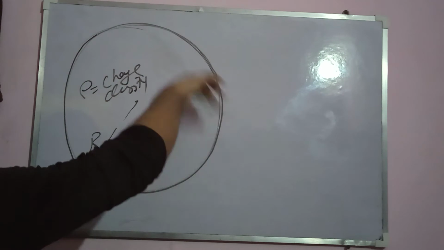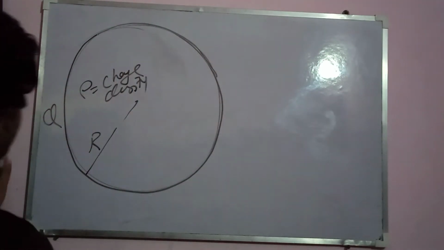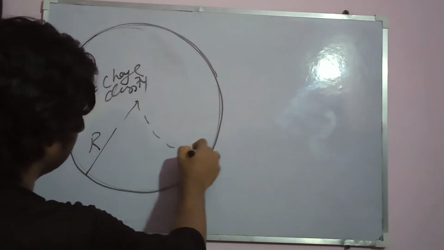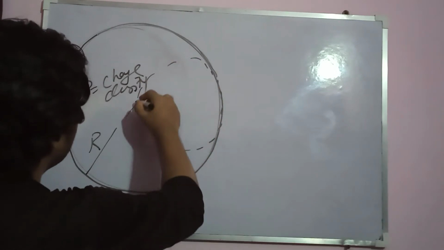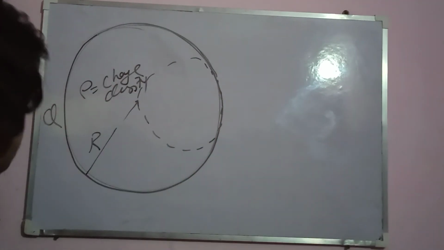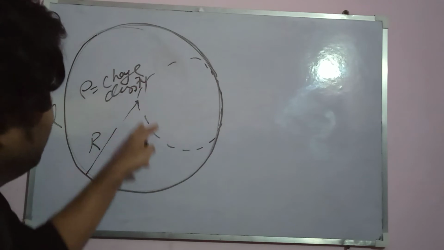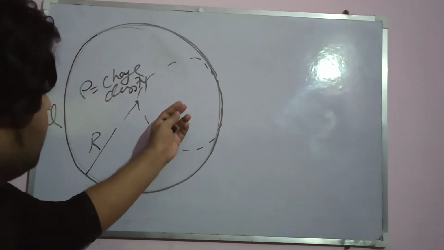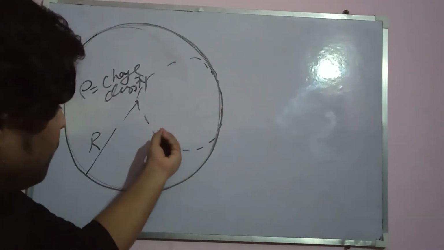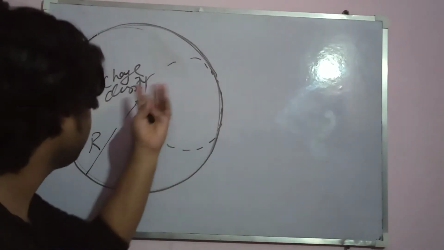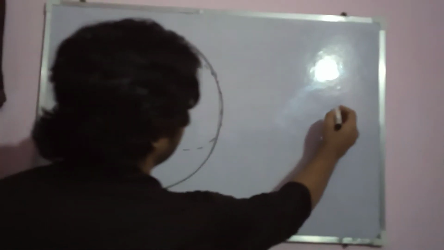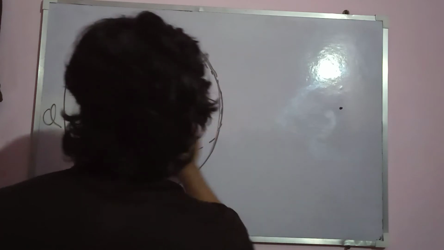The total charge over this sphere is Q. So inside this sphere, I'm cutting a small spherical cavity, and I'll remove that part of charge from it. I'll have to remove this. Now from here at a distance d.